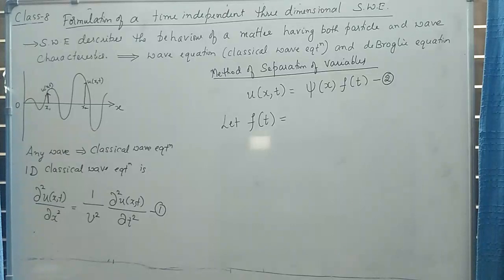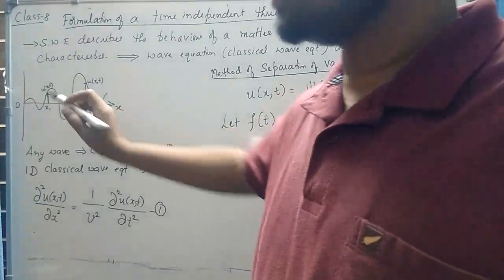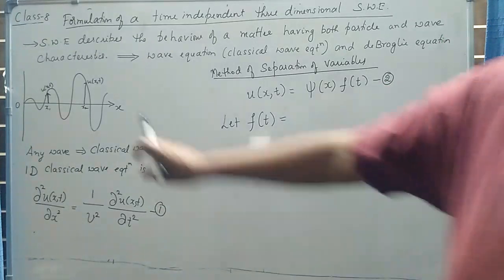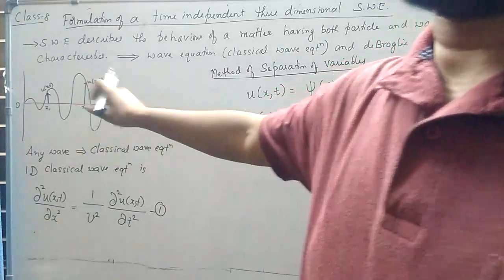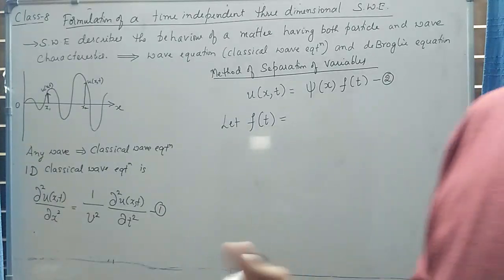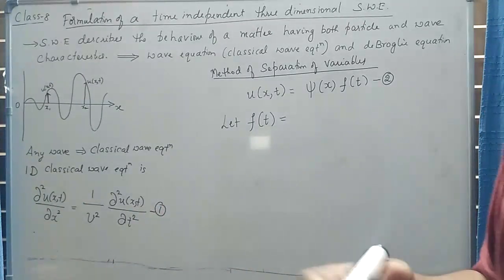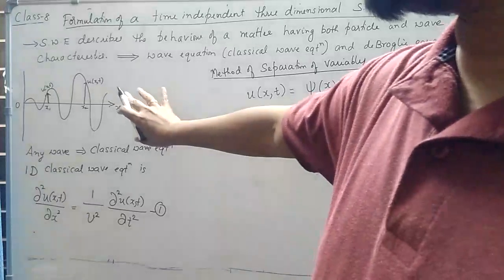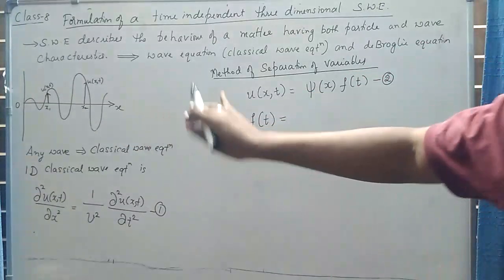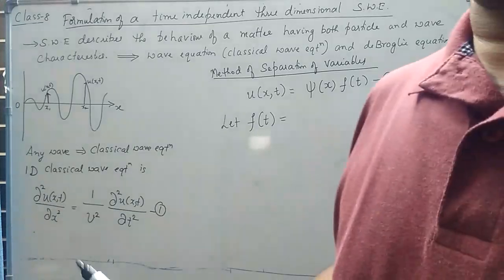So what we will do is we will set the function f of t. If you see, this wave is periodic in nature with respect to time, but it is not periodic with respect to amplitude. If you consider a light wave, that light wave is periodic both with respect to time and position. But here I have selected a wave because we later come to know that a particle wave need not be periodic with respect to position.